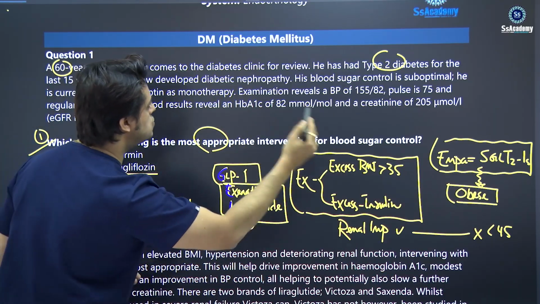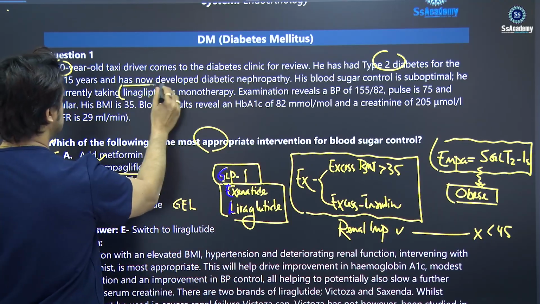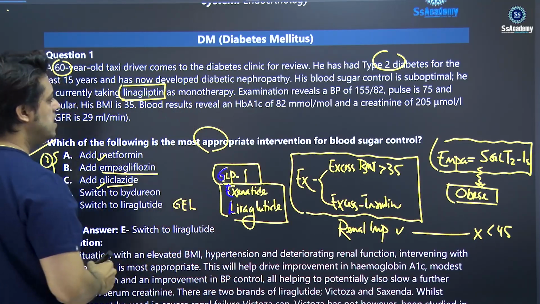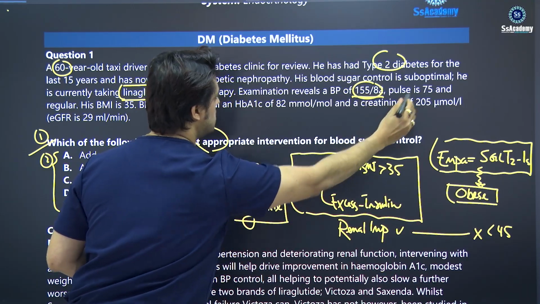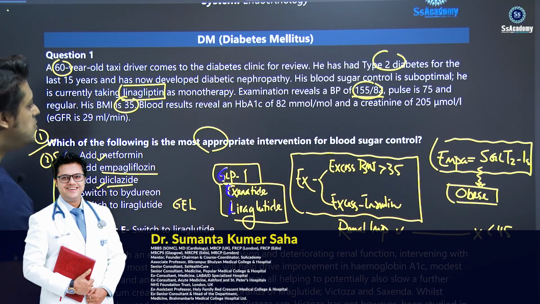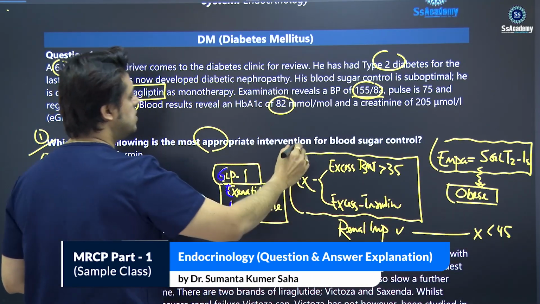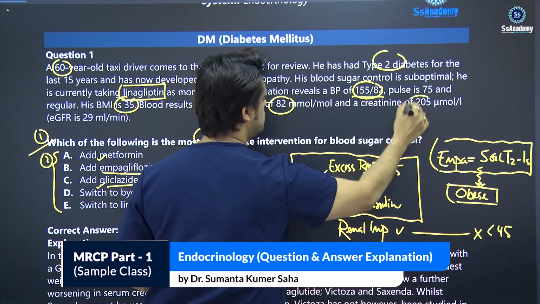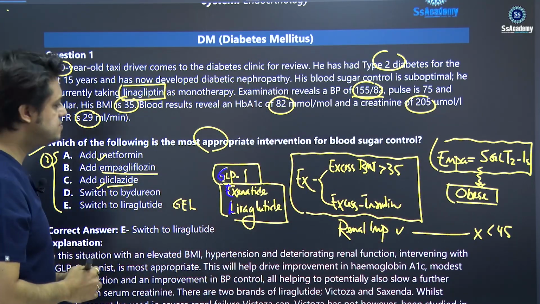His blood sugar control is suboptimal. He is currently taking linagliptin as monotherapy. Examination reveals that the blood pressure is high, the pulse 75, and the BMI is 35. Blood results reveal an HbA1c of 82 millimole, means uncontrolled, and creatinine is 205, means the EGFR is 29.